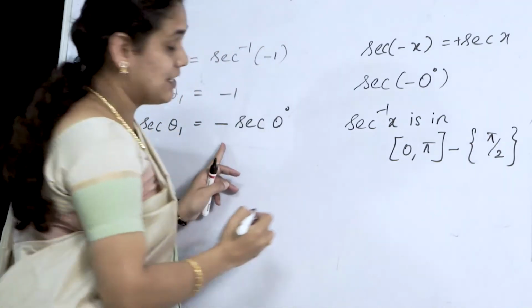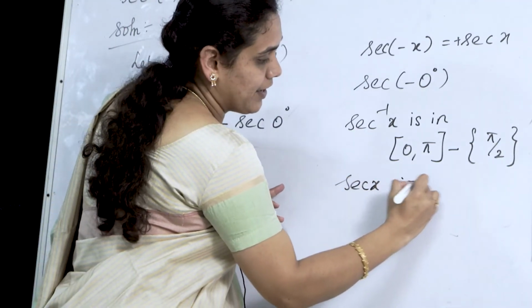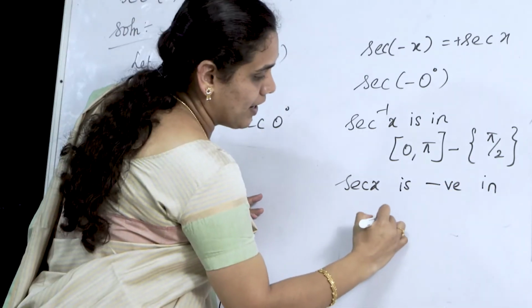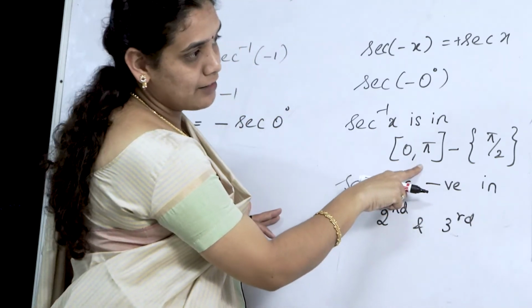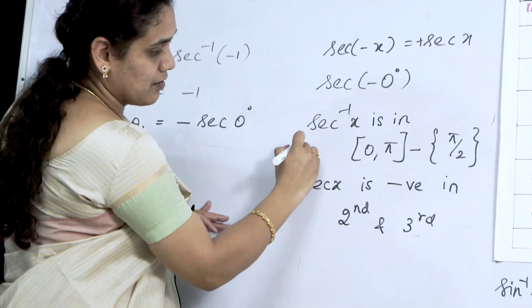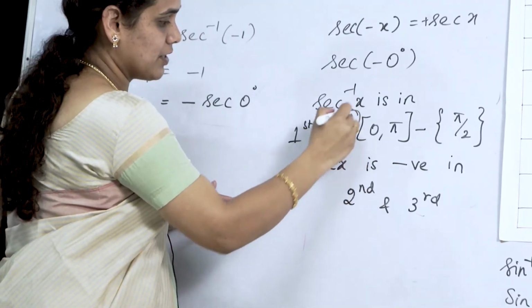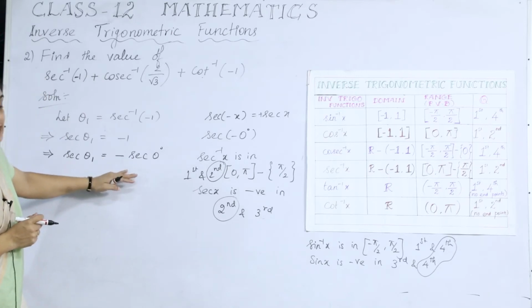And also it is negative. Secant takes negative in which quadrant? Second and the third, and this lies in the first and the second, right? So which is common? So the second quadrant is common, right? So our answer will be in the second quadrant.